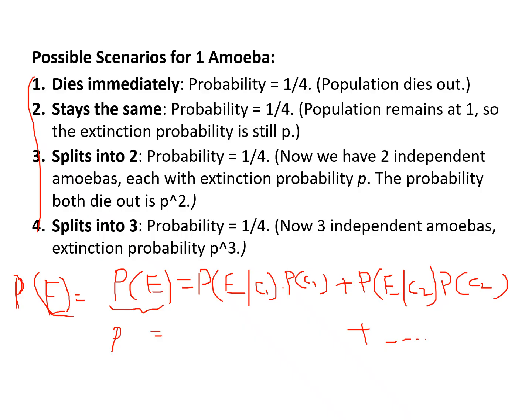So the total probability of extinction, which we are denoting as small p, is equal to probability of extinction given that C1 has happened, which means the amoeba dies immediately. So if the amoeba dies immediately, the extinction probability is 1 because obviously there's one amoeba to begin with. If it dies out, it's extinct. Times the probability of C1. So what's the probability that it dies out immediately? We are given in the problem, it's 1/4.